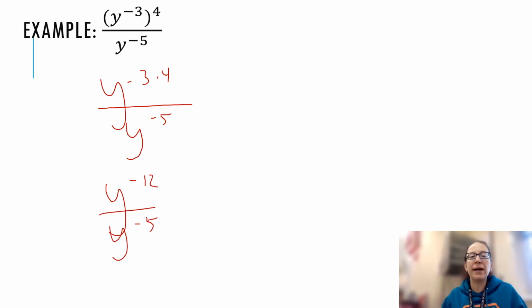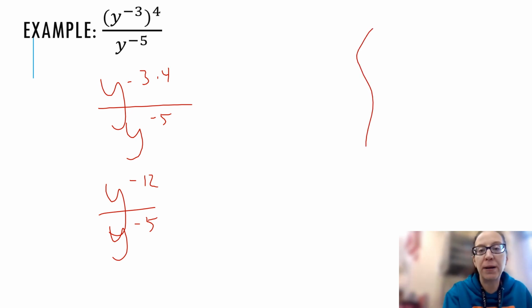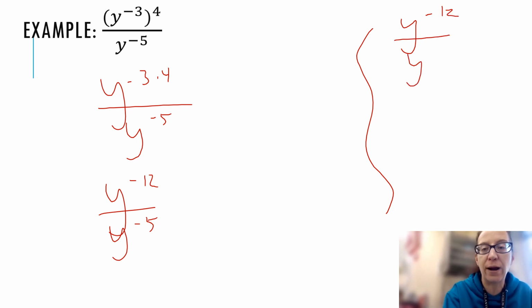Now, if you remember, I said a few minutes ago, I don't like subtracting the exponents. I just don't like it. It doesn't fit my style for the way that I like to do these problems. But you can. So I'm actually going to come over here and we'll work it out a slightly different way over here for those of you that want to subtract, okay? Here's what I notice.